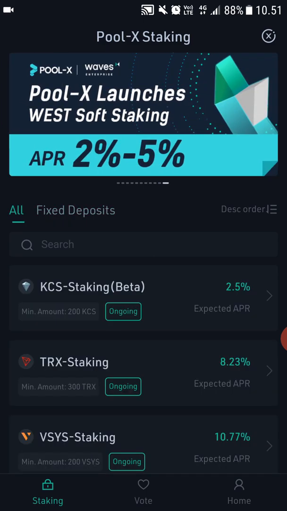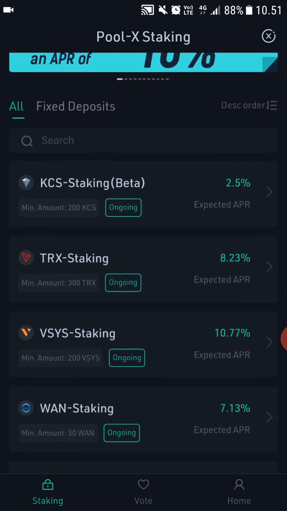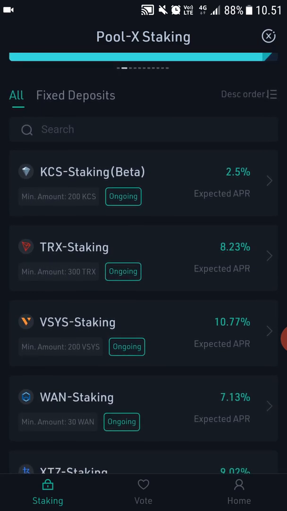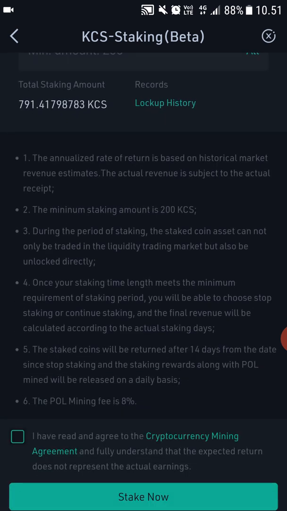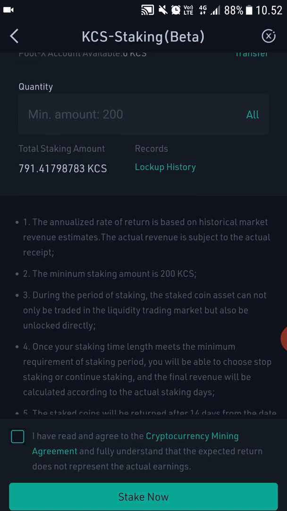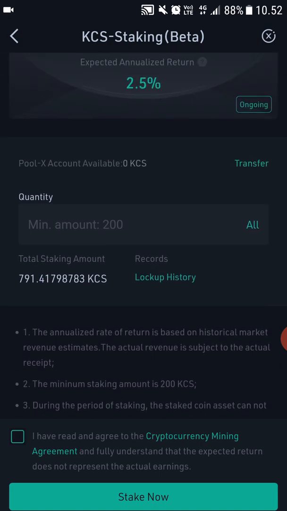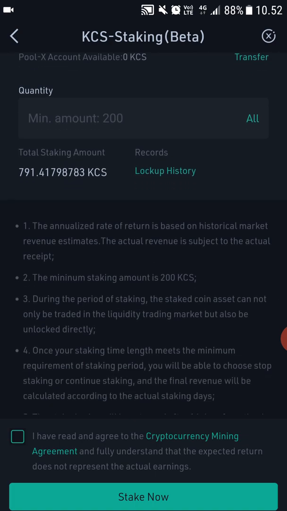For example, when I staked KuCoin shares, you just click the coin, and you can read the rules here. The 5th point is that the staked coins will be returned after 14 days. So it's a 14-day lockup, after which you can redeem the coins back.